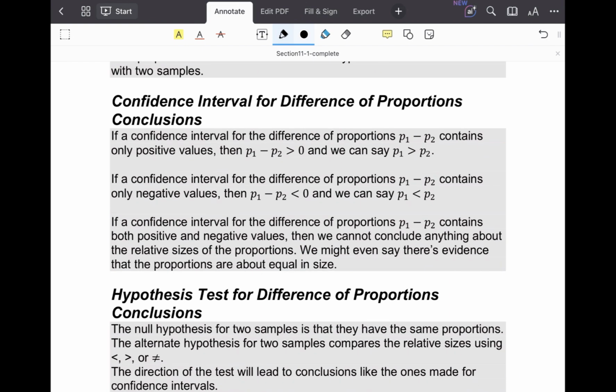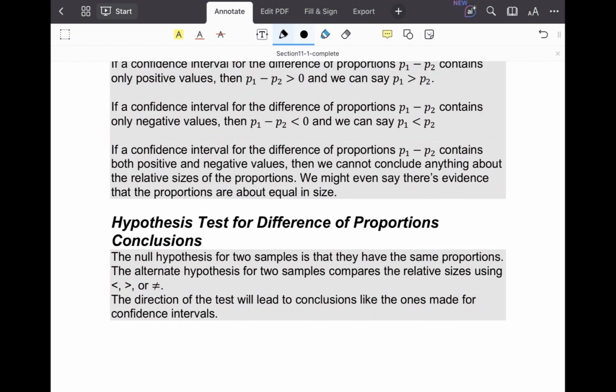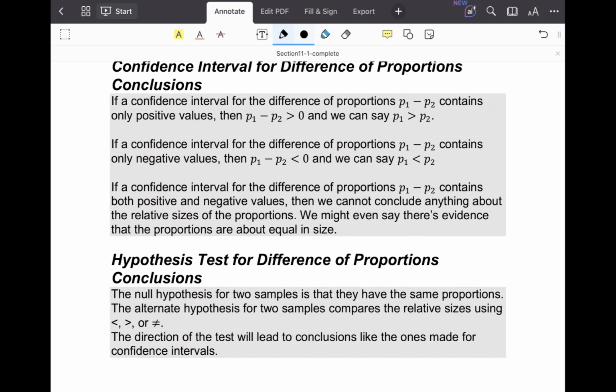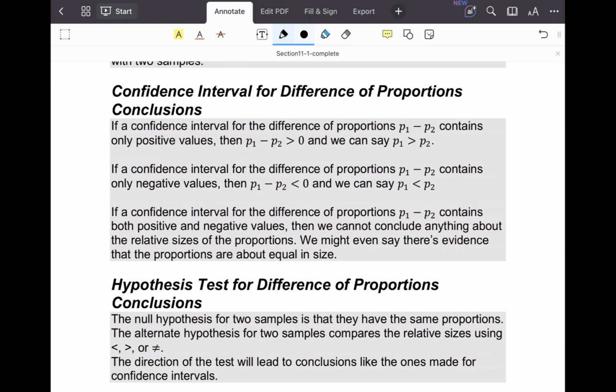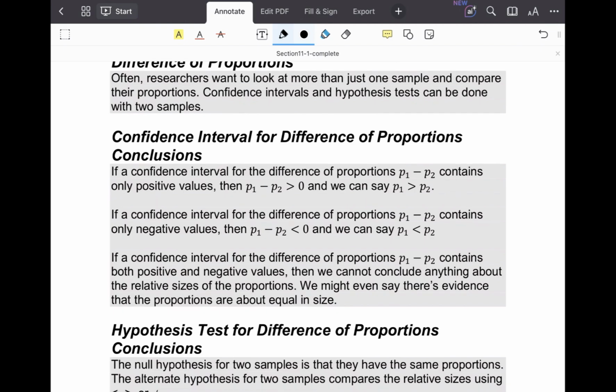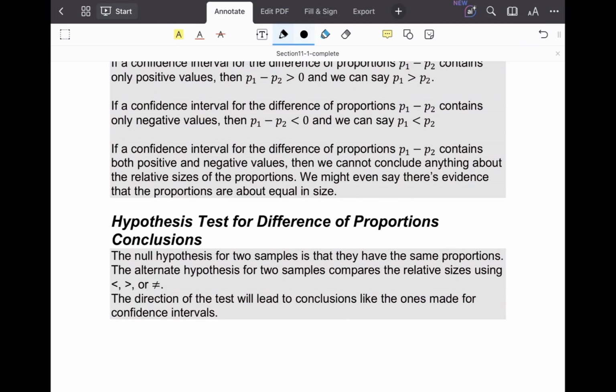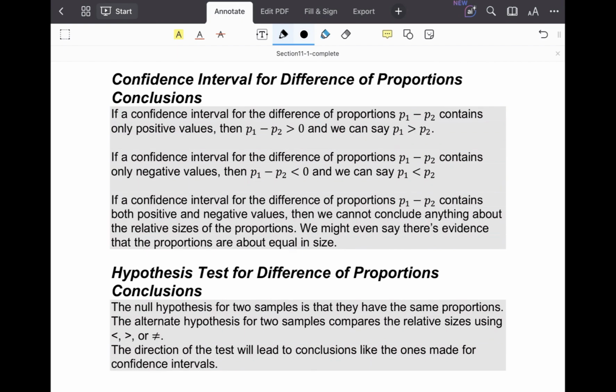Now, it's a lot more straightforward with the hypothesis test because those relative sizes are directly embedded in the alternate hypothesis. And very often what I like to do is just run a hypothesis test before I do a confidence interval. And you can kind of see the connection between those two.